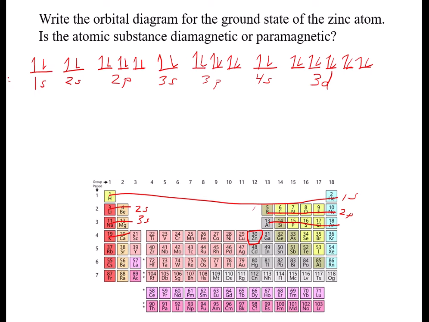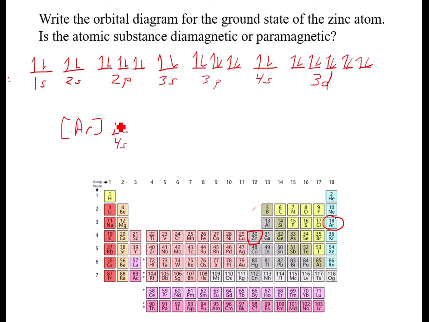Okay. To do the short version, erase this down here. To do the short version, I'm going to start with argon. I'll circle it. Okay. So argon is my noble gas before zinc. And then this is on the 4th row. So I have my 4s, and it has 2 electrons. I've already counted over, so 1, 2, 3, 4, 5.